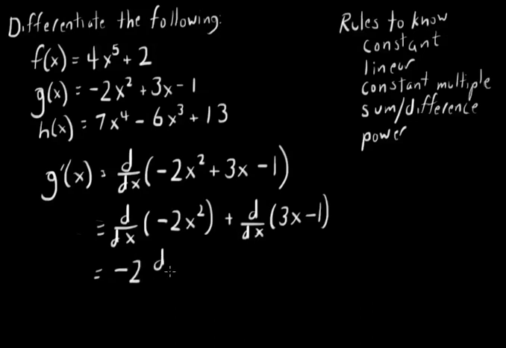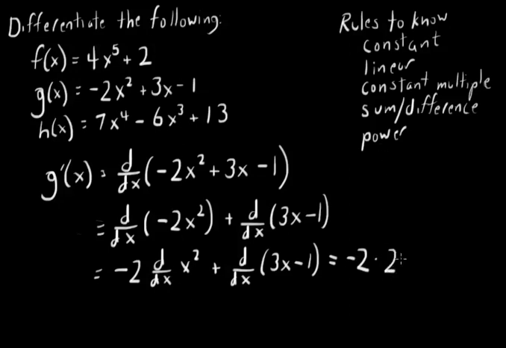Minus 2 d/dx of x squared plus d/dx of 3x minus 1. So what are we going to get? Well, we're going to get negative 2, take the derivative of x squared, use the power rule, so the 2 comes down, x to the first, because the exponent goes down by 1, and then we have this linear function.